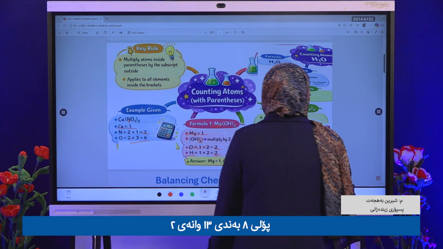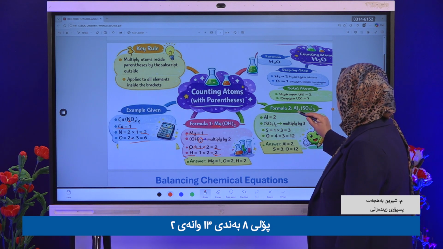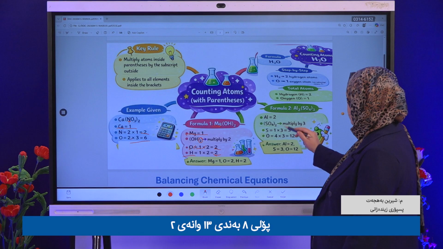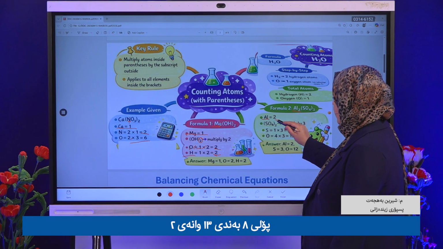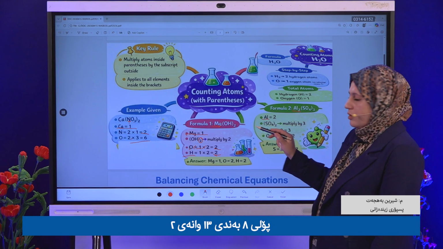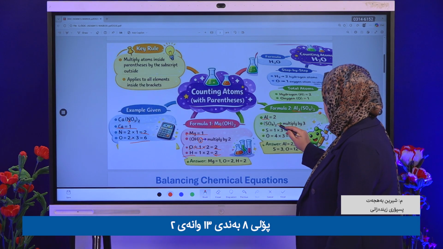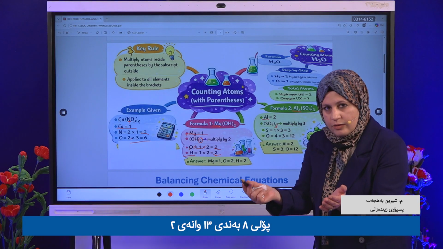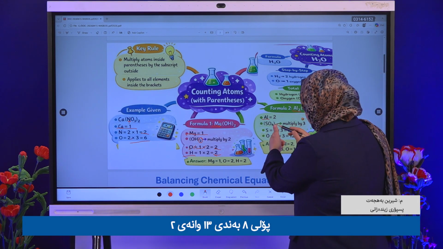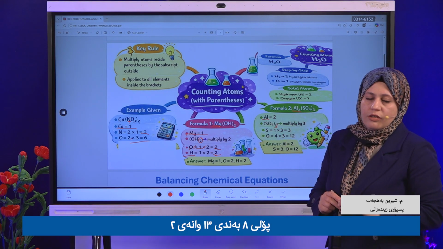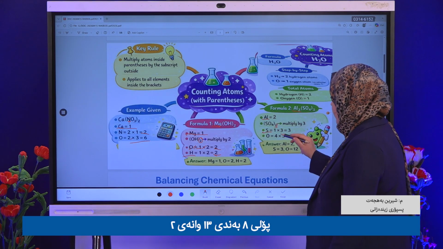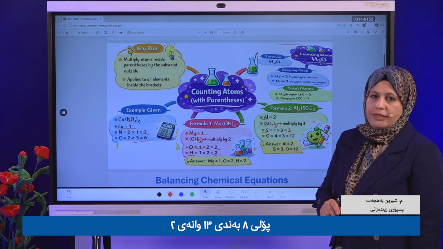For example, another formula: Al2(SO4)3. Al is aluminum, and how many atoms? 2. The 3 is for the bracket SO4, so it applies to both sulfur and oxygen. Sulfur is 1, times 3, it will be 3. So how many sulfur?